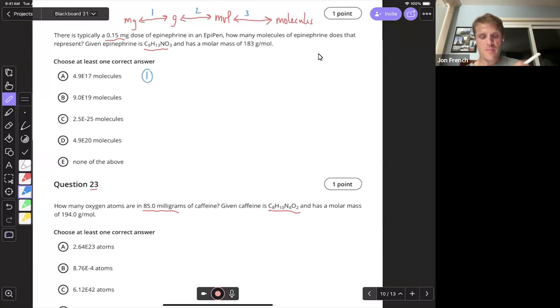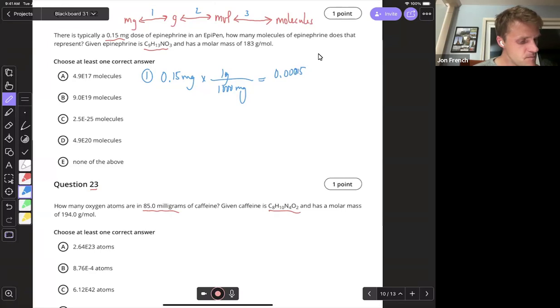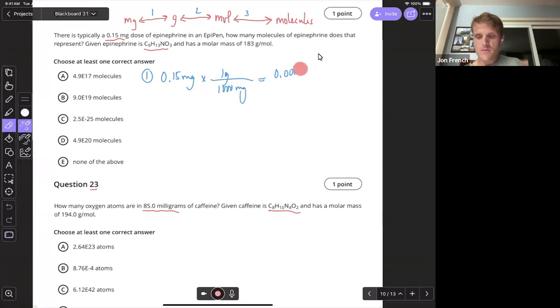Step 1, we've got 0.15 milligrams. We know in 1 gram there's 1,000 milligrams. So we've got 0.0015. No, it's more than that. There should be 3 zeros in there. 0.00015 grams of epinephrine. Now we can find the moles.